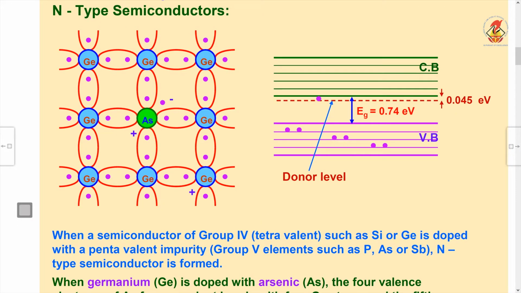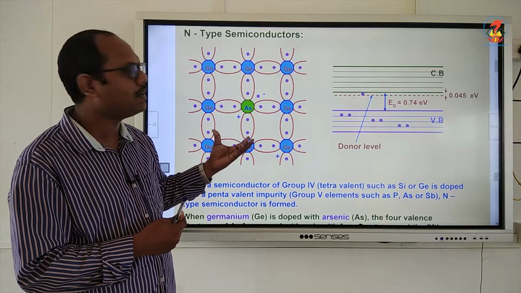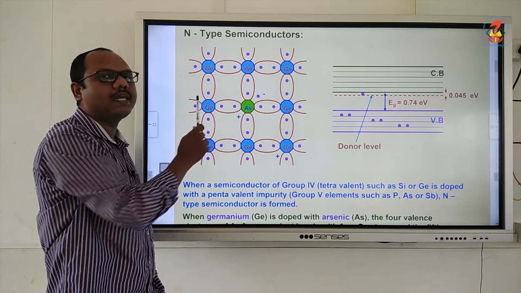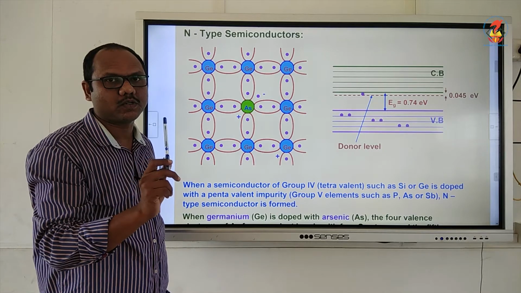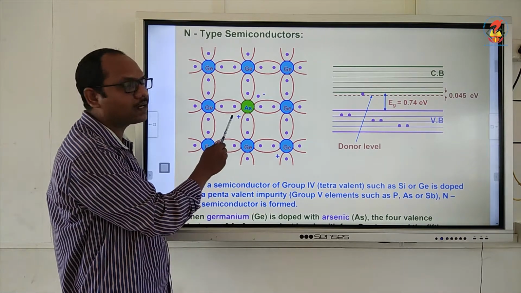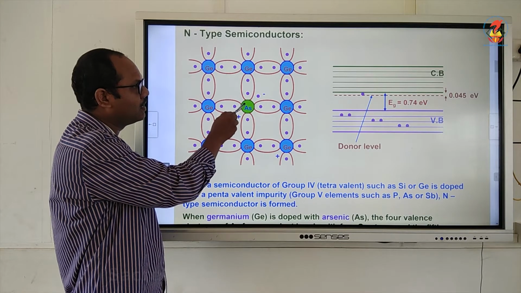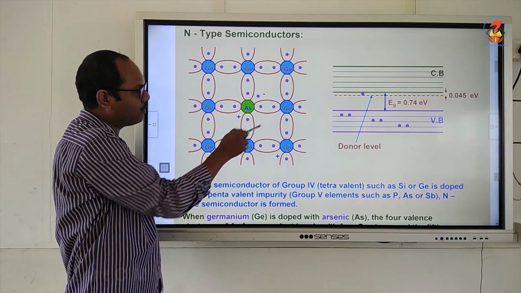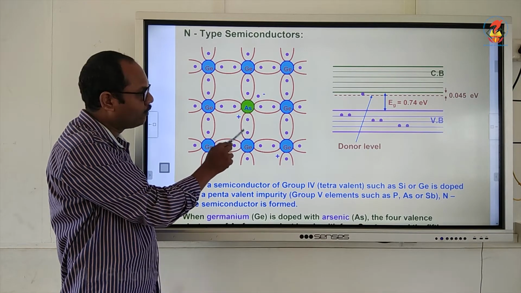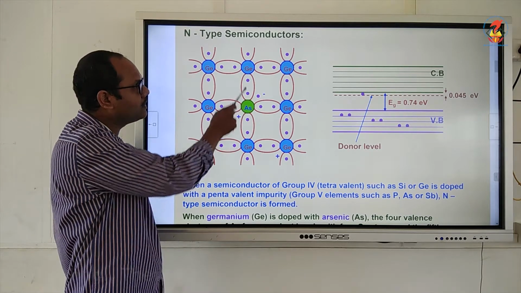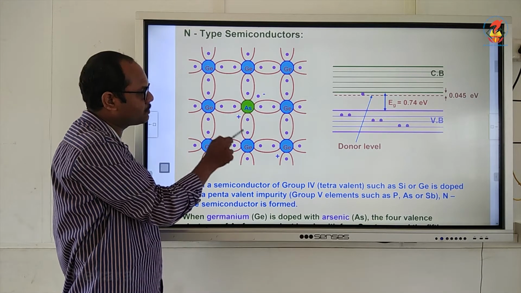In N-type semiconductor, suppose I am doping germanium with arsenic. So the arsenic atom has 5 valence electrons. Out of 5 valence electrons, 4 electrons of the arsenic will form covalent bonds with 4 germanium atoms.